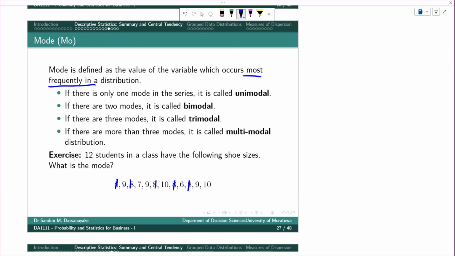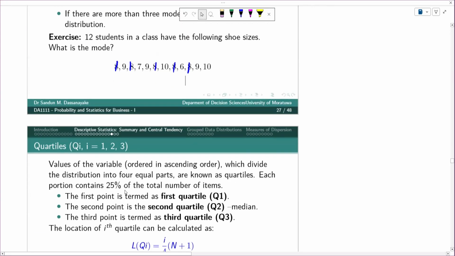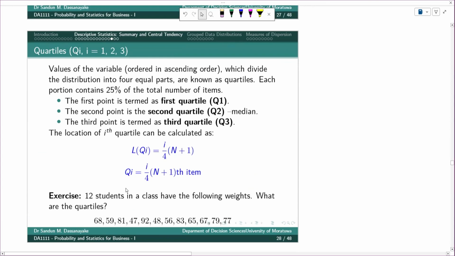So you have 5 8s, and that's going to be the mode. Most frequently. Now, if you have another number that has 5 occurrences, it becomes bimodal. This is a unimodal distribution. If it has more than that, it becomes trimodal or multimodal, depending on the case.